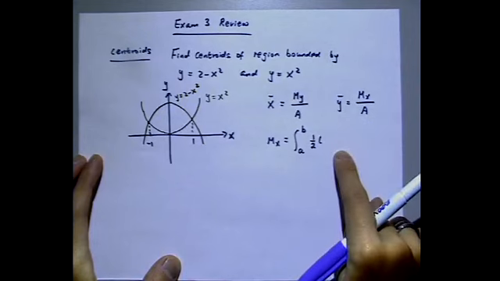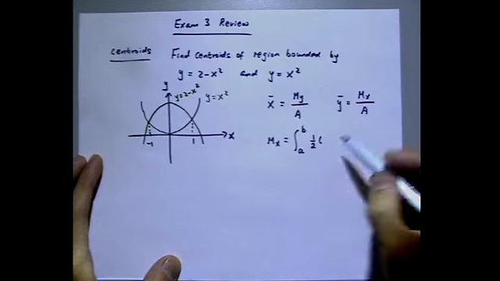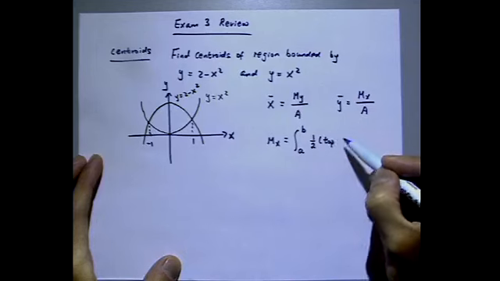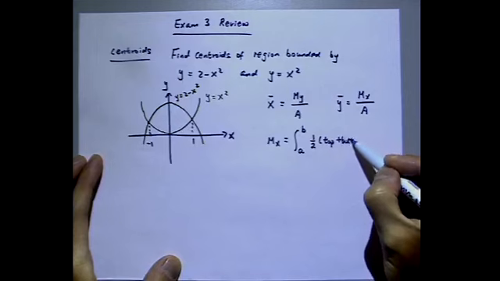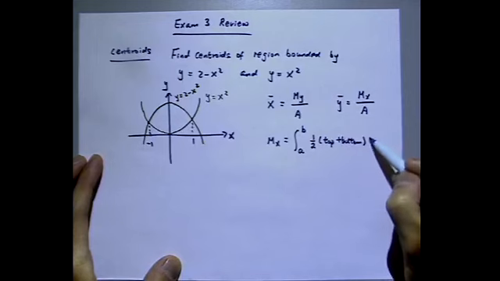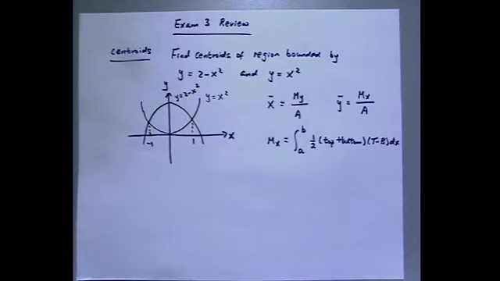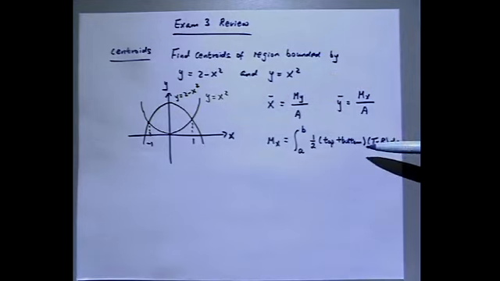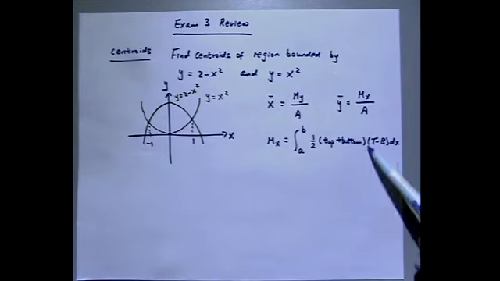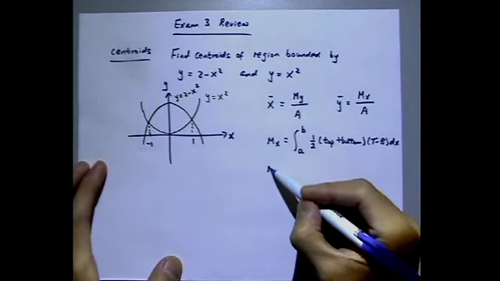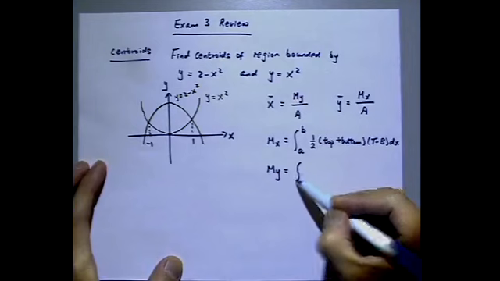Plus or minus? Yeah. So how about let's do top plus the bottom, and then top minus the bottom, dx, right? You go halfway, go to the average between the top and the bottom, multiplied by this, which is essentially the area. Okay, what about My? Somebody else?